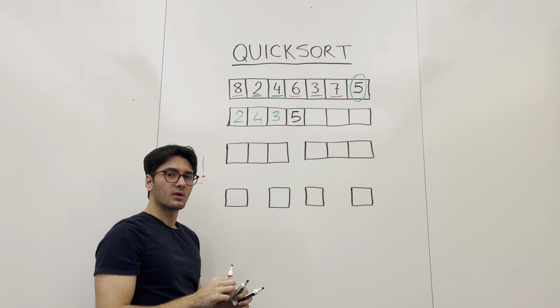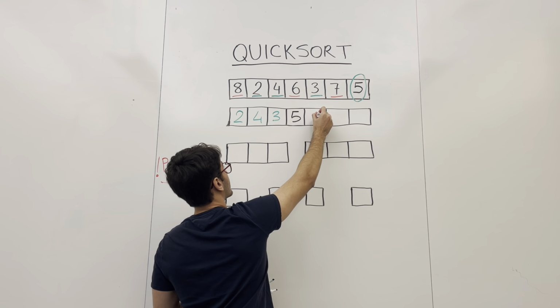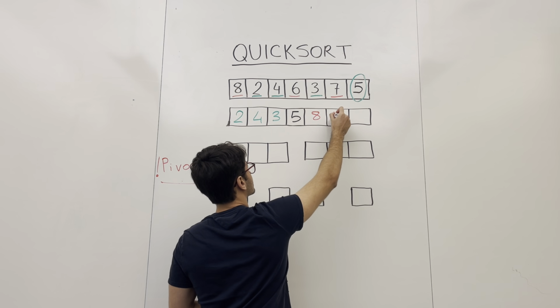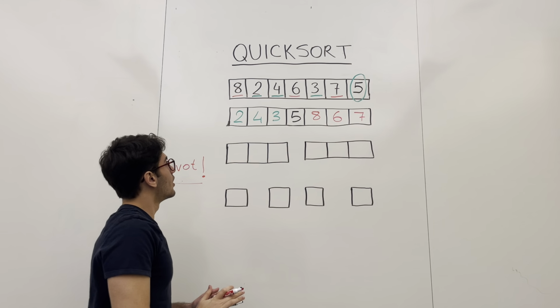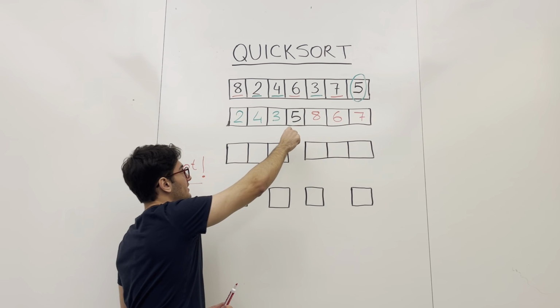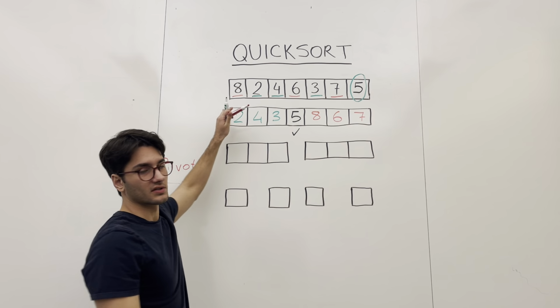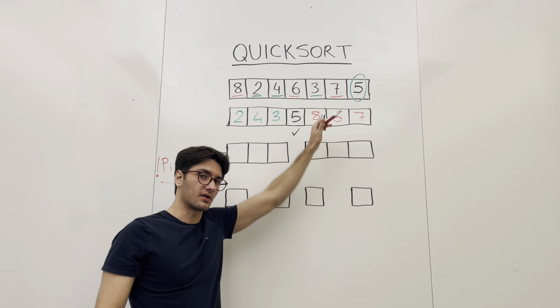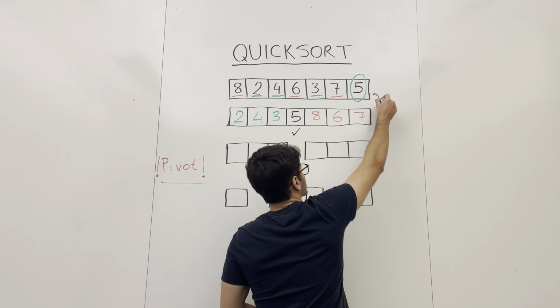Now we put the ones that are greater: 8, 6, and 7 are all greater than 5. So what we did is find the correct spot for 5, because the ones to the left of it are smaller, and the ones to the right of it are greater. That was called our partition step.